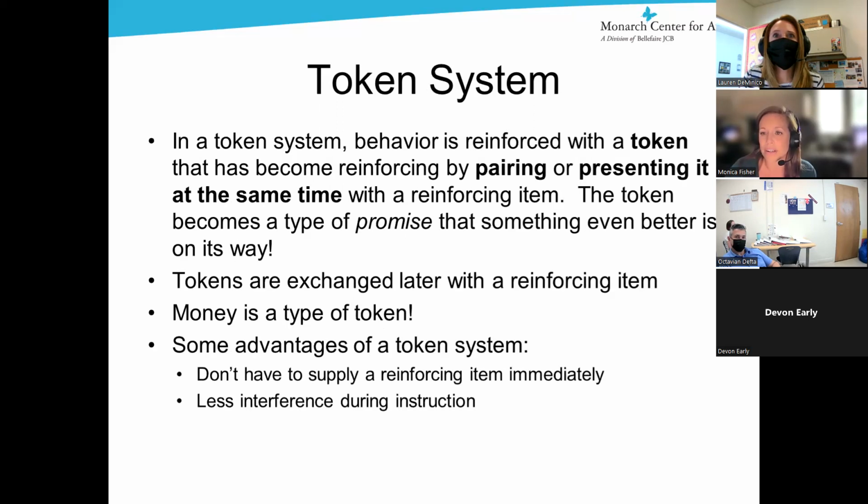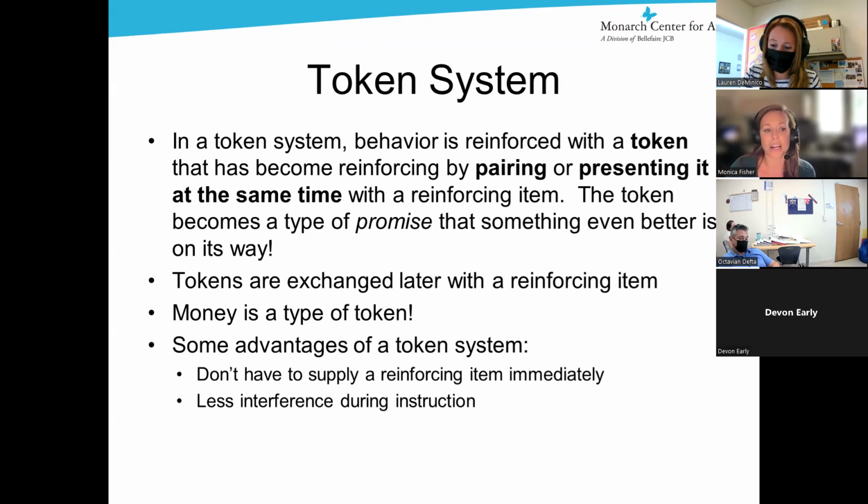Token systems are another consequent intervention. Behaviors are reinforced by pairing them with a token. Tokens become reinforcing by pairing or presenting them at the same time with a reinforcing item. And that token kind of becomes a promise that something even better is on its way. Tokens are later usually turned in or exchanged for some sort of backup reinforcer.